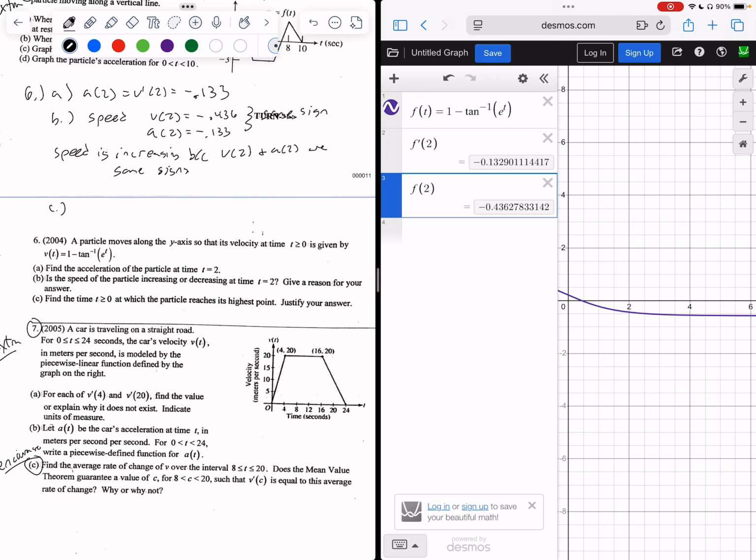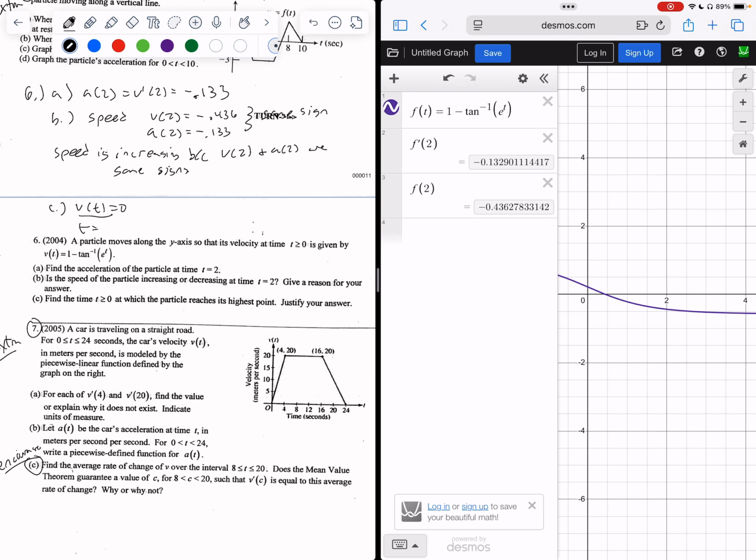So let's set this up: furthest to the highest height. So we want to find where the velocity is 0. I can find that over my graph by touching where it crosses the x-axis, plugging that in as a point, and it occurs at 0.443. That's the time for it.